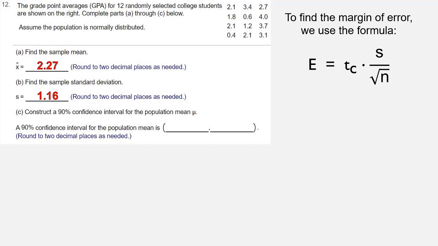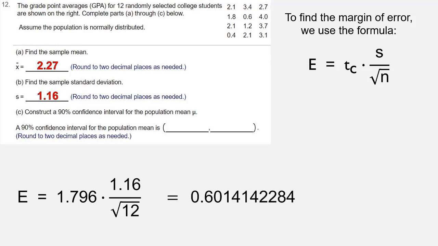Inserting the values from our problem, we have 1.796 as our t_c value. s was the number we found on the calculator, 1.16, and then we're dividing by the square root of the sample size, so the square root of 12. When we calculate this using our calculator, we get 0.6014142284. Rounded to 2 decimal places is 0.60.